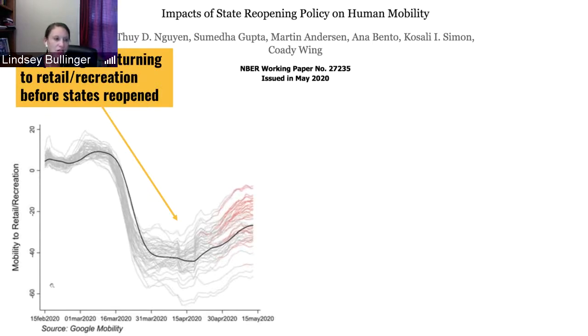People started to return to retail and recreational locations before states reopened. The states reopened at the red piece in each of these lines, and you can see that people are starting to visit these venues long before their states actually reopened.